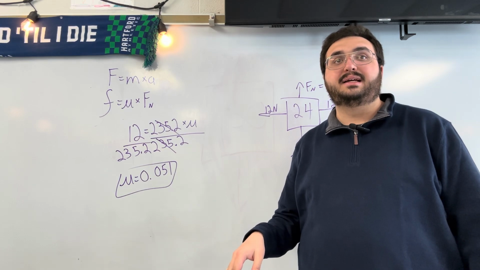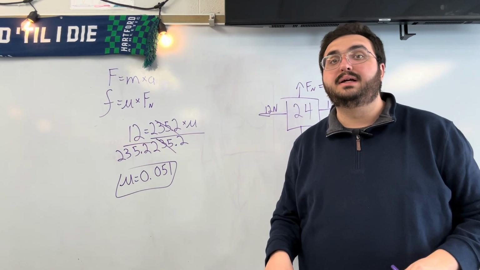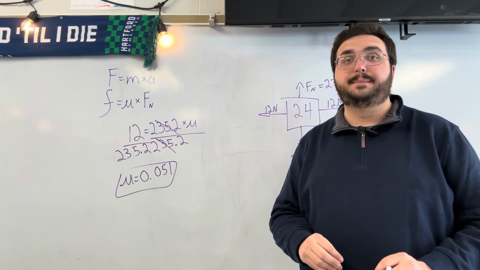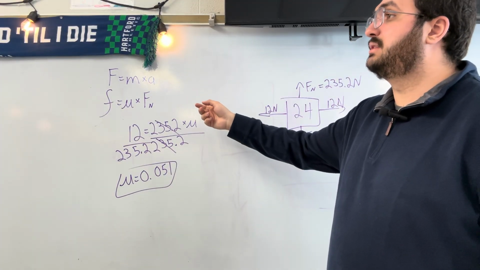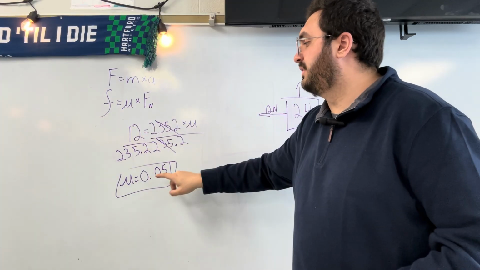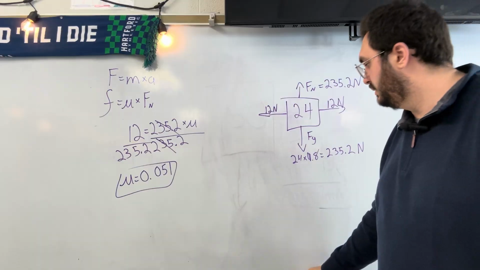So, I could take the table or the rubber from earlier on in the video and I could put it on the moon and it would have the exact same coefficient of friction. Meaning that here, in order to solve for force of friction with a new mass, which means a new normal force, we can reuse that coefficient of friction that we just solved for. And that's exactly what we're going to do.